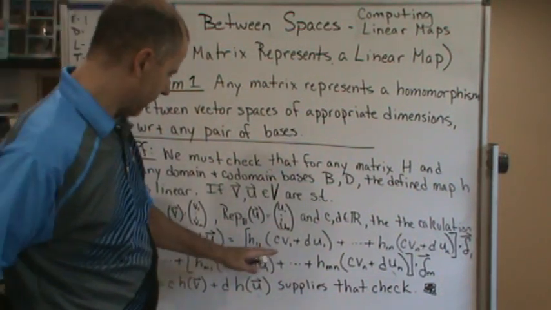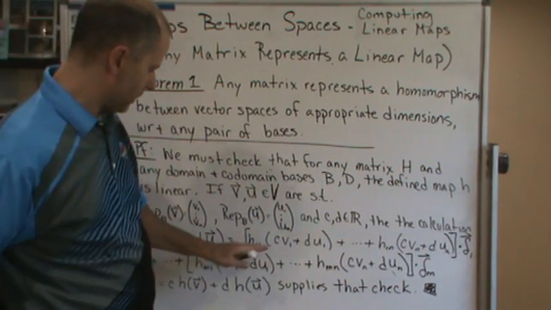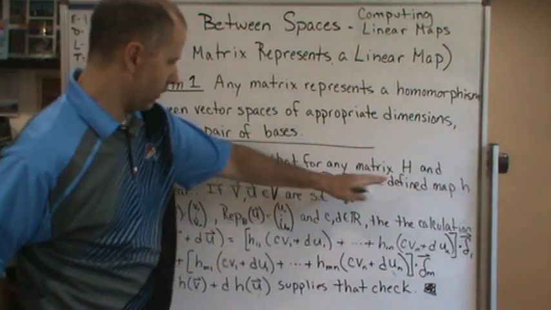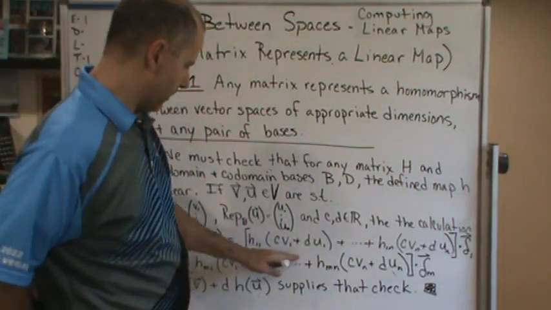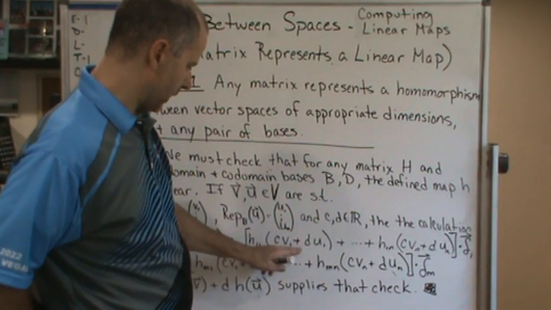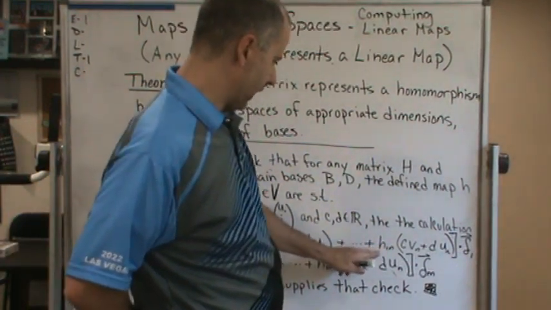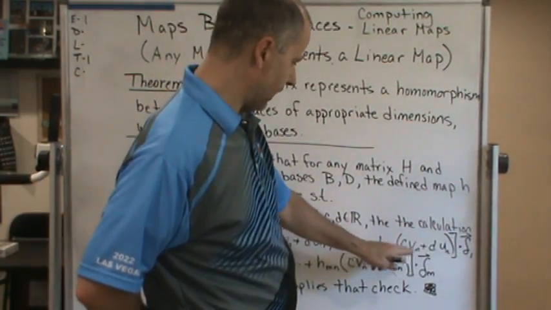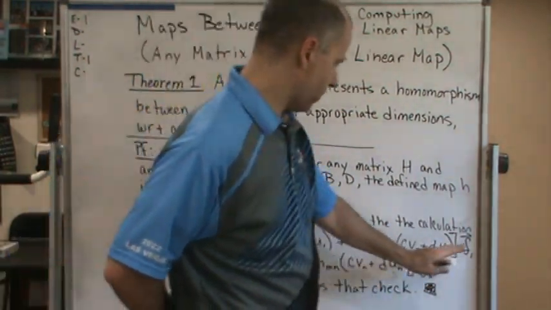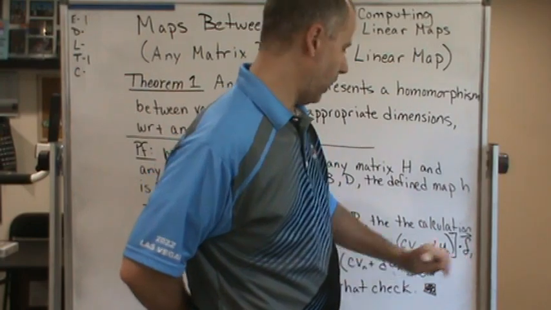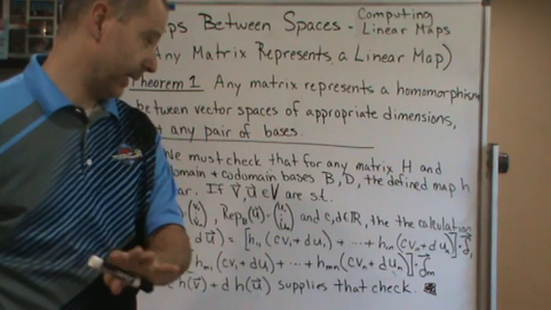And so we're going to get, when it's all said and done, and again we're doing the representation with respect to the H matrix, so it's going to be H11 times the linear combination of C V1 plus D U1, right? All the way through H1n of C Vn plus D Un, and then that linear combination is going to be multiplied by delta 1, right? So that's the basis vector for the codomain basis.